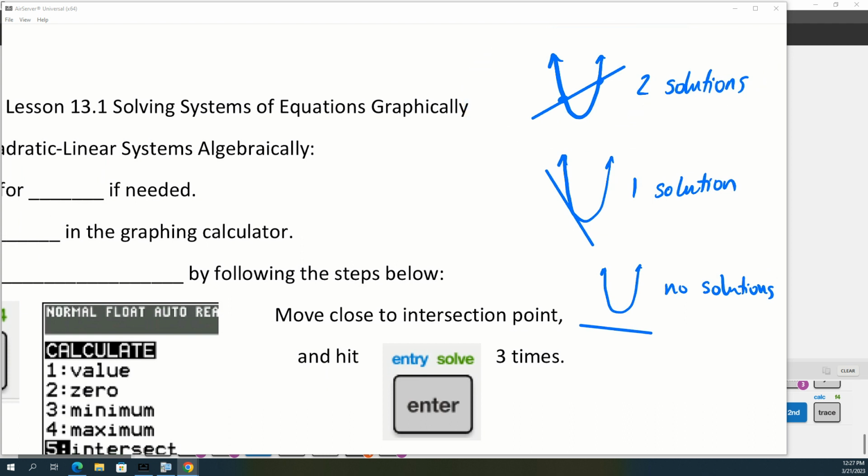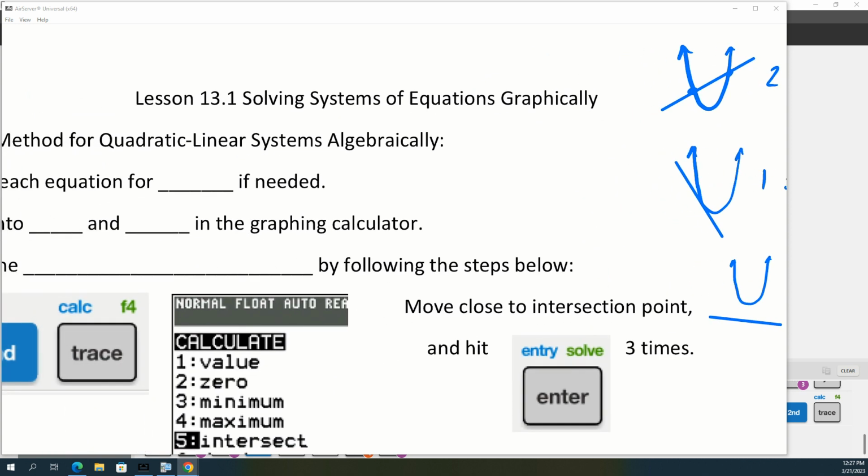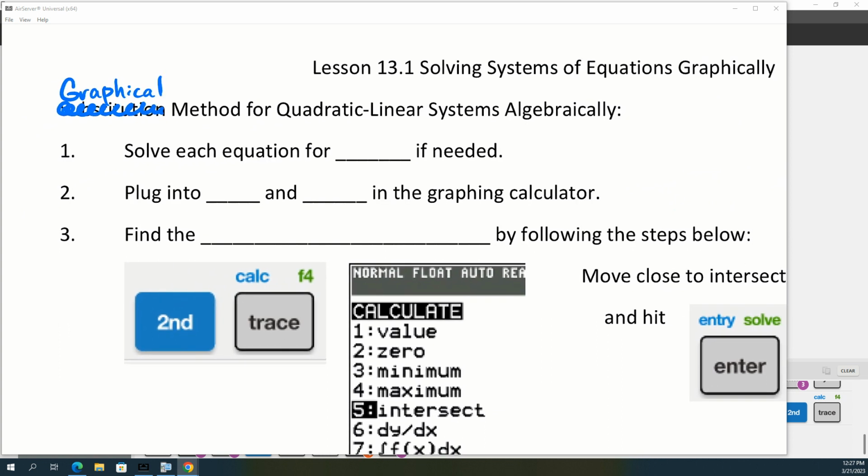And so what our calculator can do is find those points where the parabola and the line intersect. All you really have to do is know how to type it in. So for number 1, the first thing we're going to do is solve for y if needed. That's the one step that's going to be the algebra step.